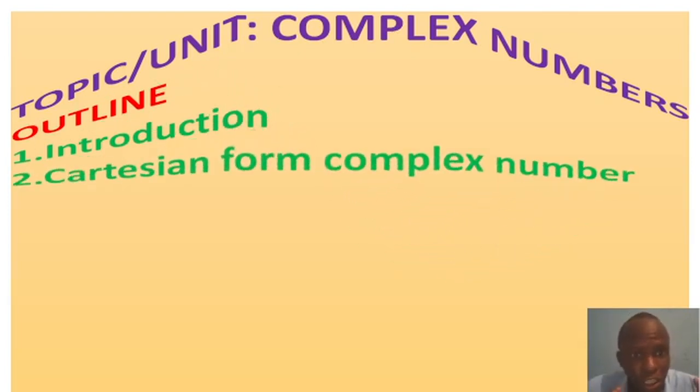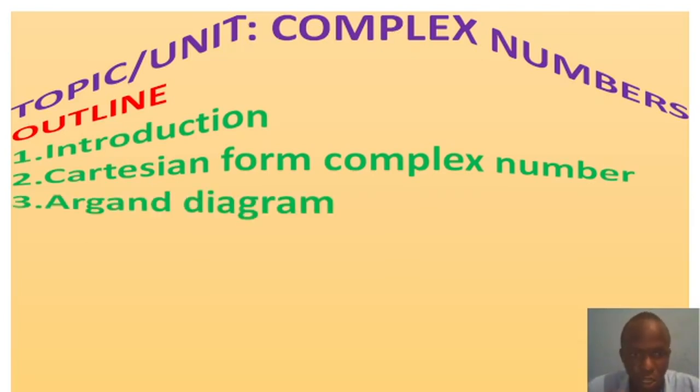Next, we are going to see the basics of complex numbers in Cartesian form and how they can be represented, that is, the imaginary and the real part.